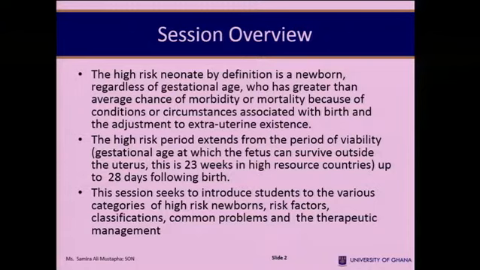And the high-risk period extends from the period of viability in utero. That is, in Ghana, we will say that above around 34 weeks, when the newborn comes out around this time, or when the fetus is born, it survives. But the international standard is around 23 weeks.